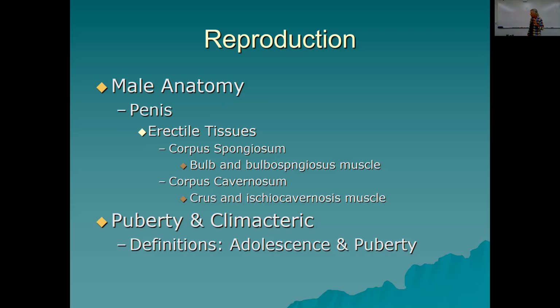Okay, puberty and climacteric. Definition: adolescence and puberty. So adolescence is before puberty. Puberty is when we can actually make gametes, and we can make babies at puberty. Climacteric is the end of making babies, and it happens in females in menopause; it really doesn't happen in males.